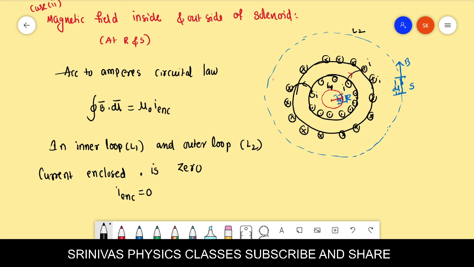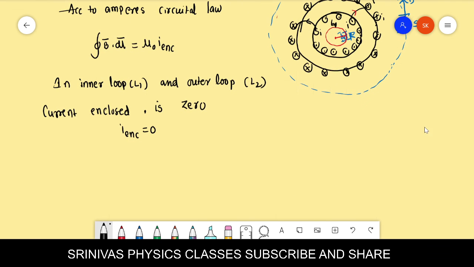When the enclosed current is 0, from Ampere's law, what do we write? The integral of B vector dot dl vector is equal to mu naught times the enclosed current, which is 0. We write B dot dl as B dl cos theta.